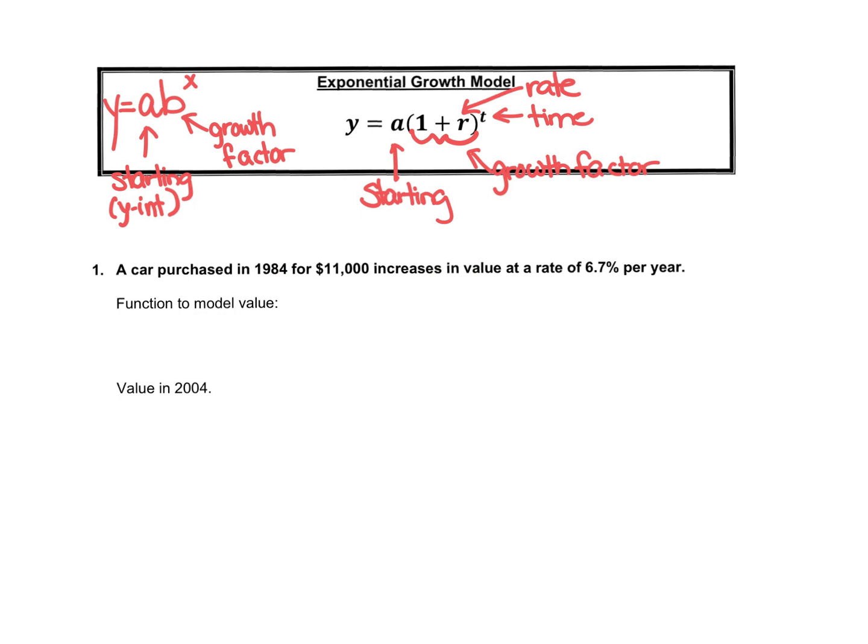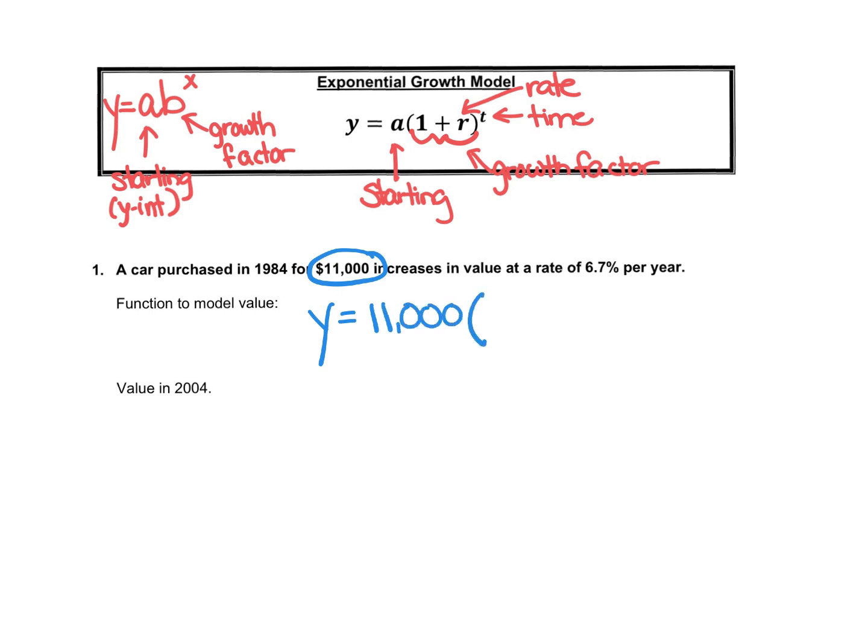All right, so let's go ahead and apply it now. What it says is a car purchased in 1984 for $11,000 increases in value at a rate of 6.7% per year. All right, so let's go ahead and write our equation here. We've got y is equal to, and then our starting amount is going to be this $11,000.